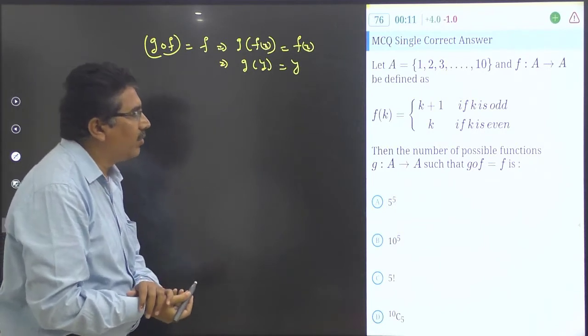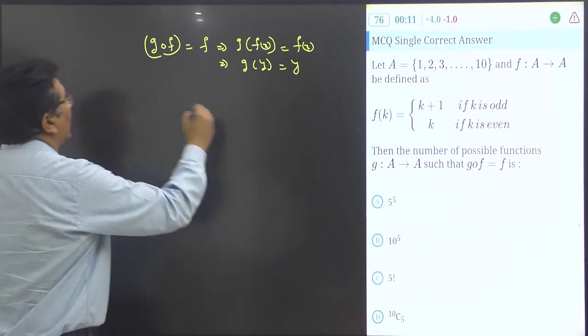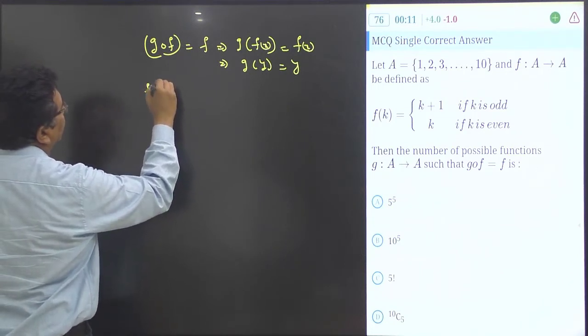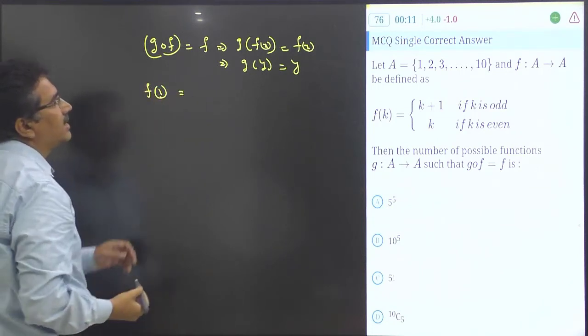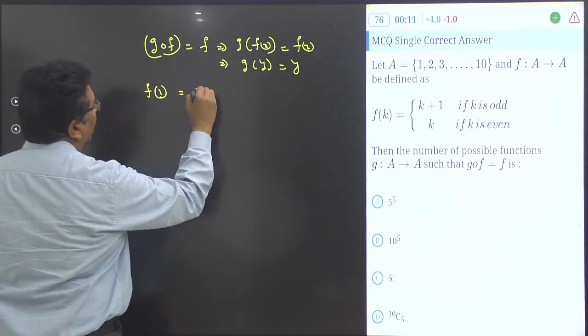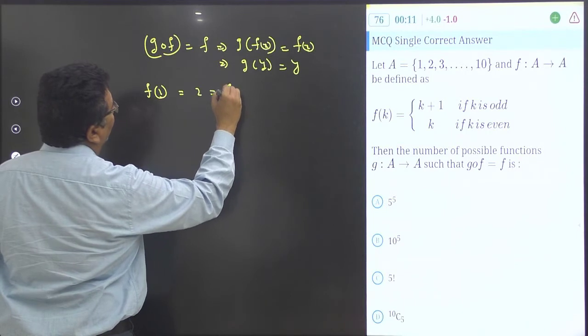Right. Now f of 1: here 1 is odd, so f of 1 is equal to 2, that is also equal to f of 2.